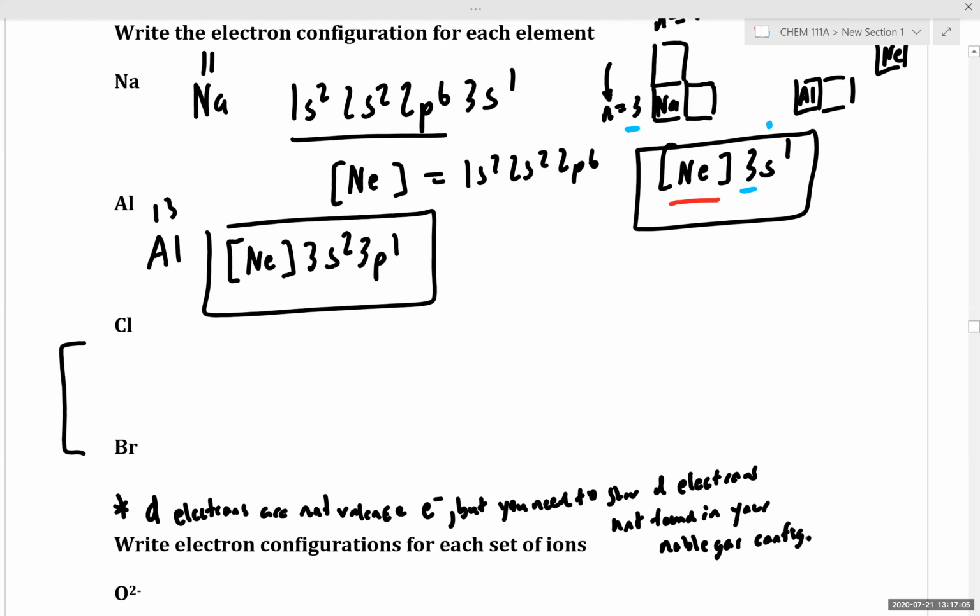So if your noble gas configuration doesn't include a certain number of d electrons, make sure you're explicitly stating the number of electrons in the d subshell. So we'll work on this example for about 4 to 5 minutes, and then we'll discuss.